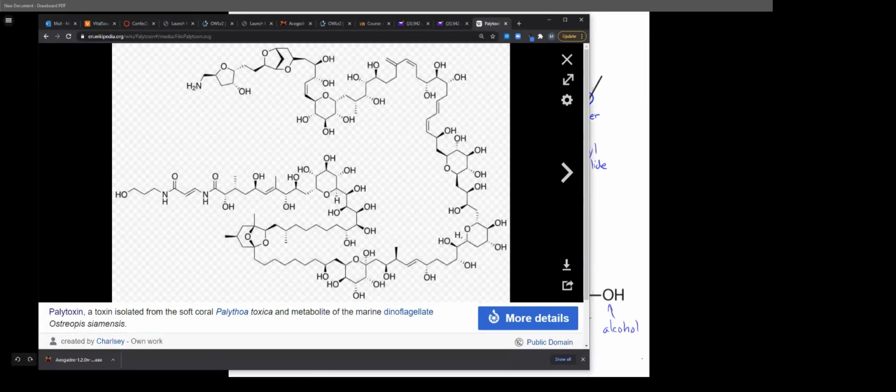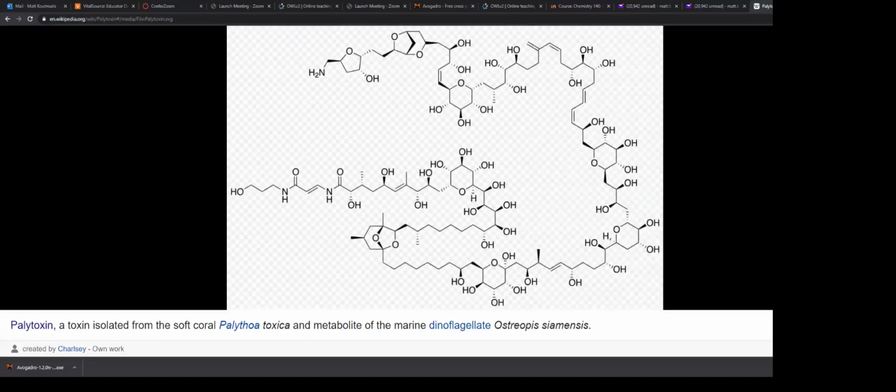Polytoxin is the single most poisonous substance known, not found, which is not a protein. Okay, like snake venoms are usually proteins. What do we see here in terms of functional groups? What are there lots of in polytoxin? Alcohol. OH. Lots of alcohols, right? Lots of carbon-carbon double bonds, which are alkenes, right?